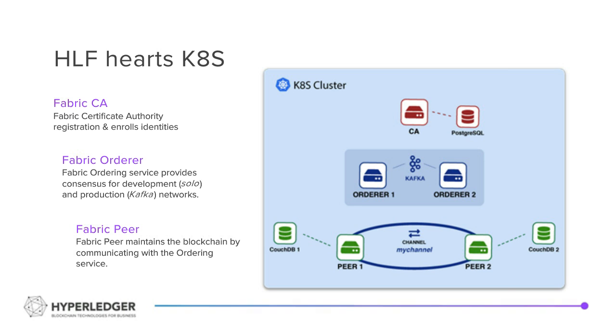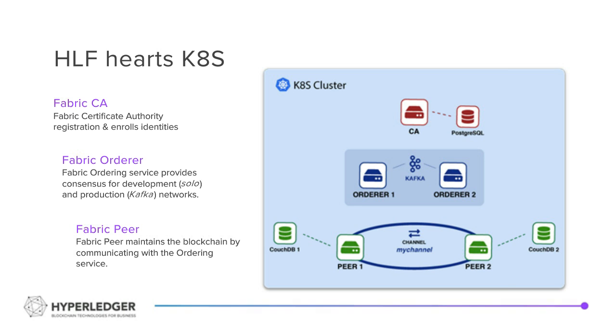Then we will deploy an ordering service of several Fabric orderer nodes communicating and establishing consensus over an Apache Kafka cluster. Finally, we will deploy several peers and connect them with a channel, bind them to CouchDB databases to manage the world state as well.